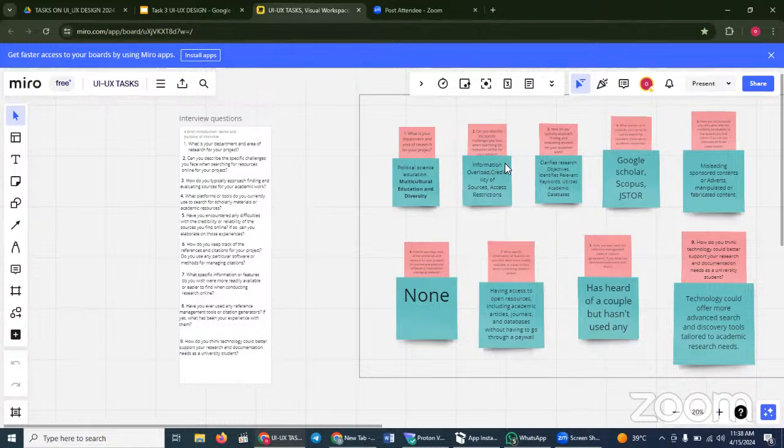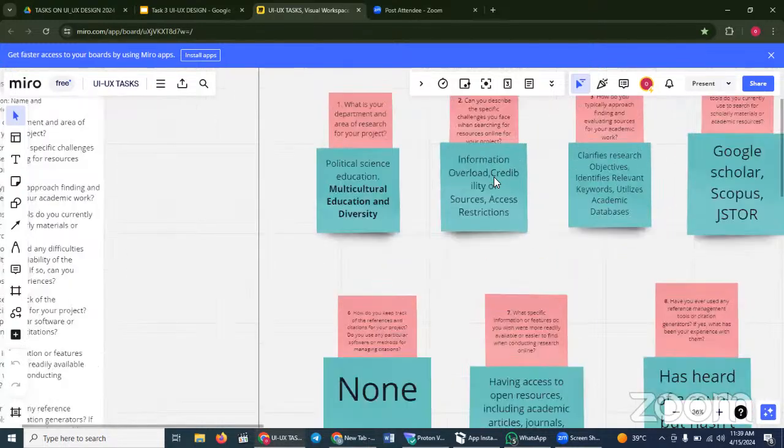The second question: can you describe the specific challenges you faced when searching for online resources for the project? They stated the challenge: there's so much information online that some of it is even contradicting, so you have many things but don't know where to start.